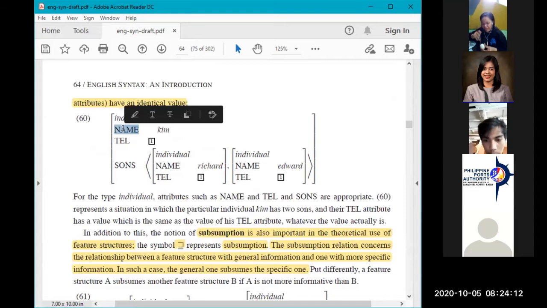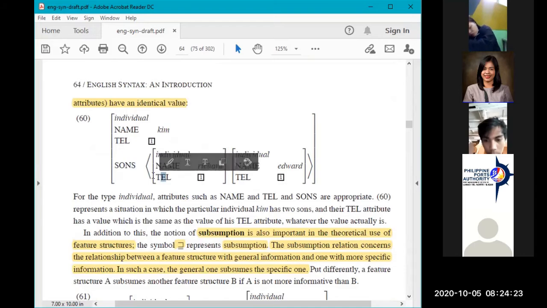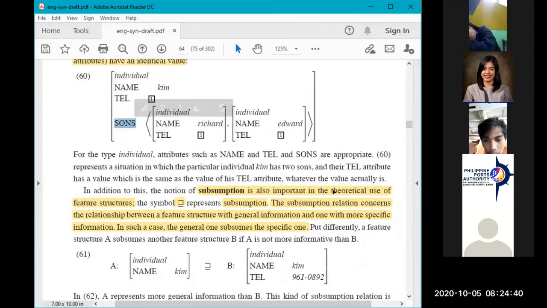The attribute name has the value Kim, and the value telephone number has this number, which has the same value as the telephone number on the list for the attribute sons.